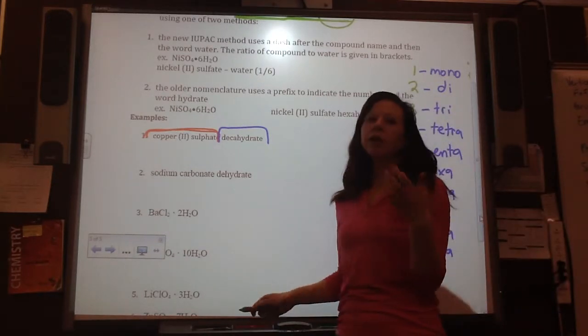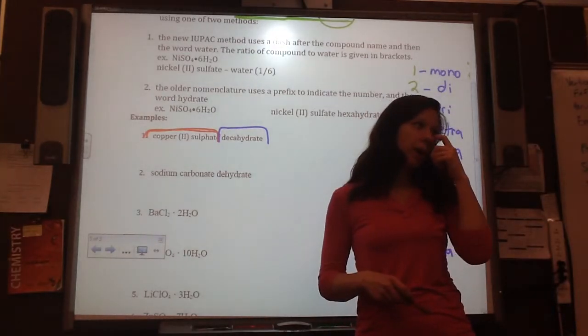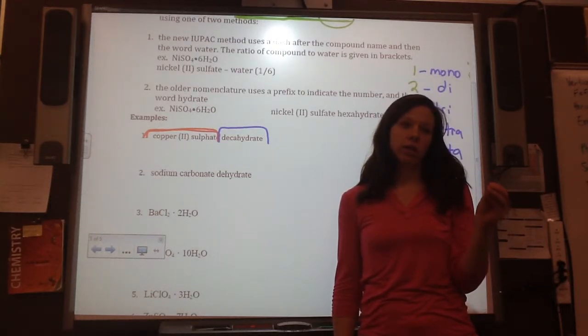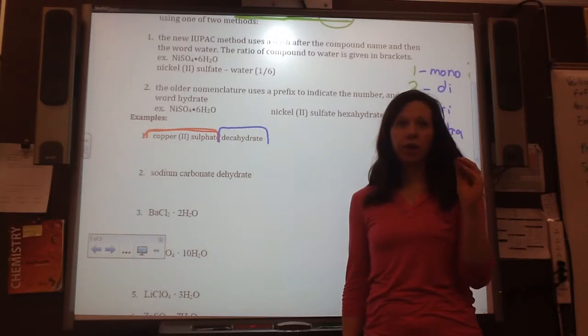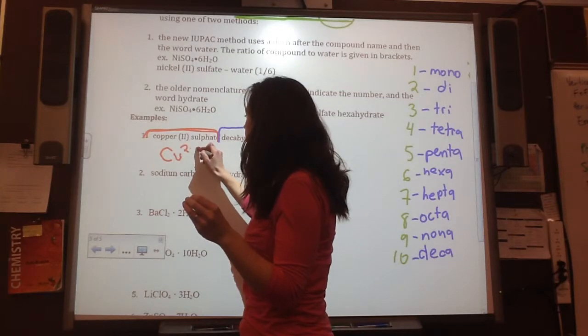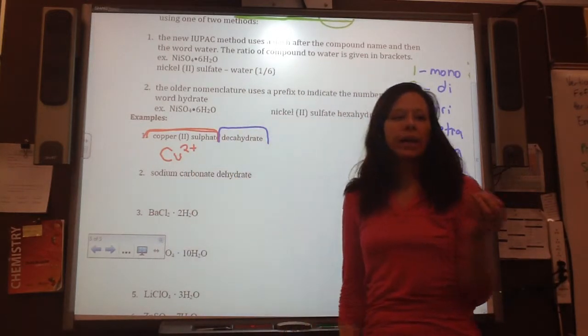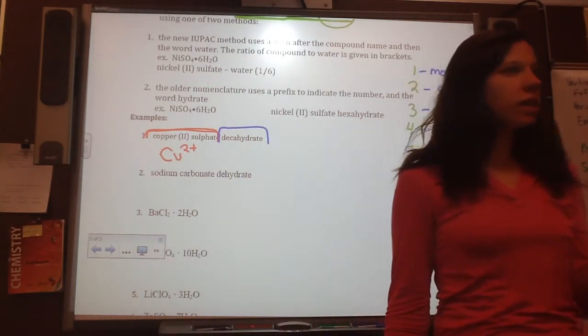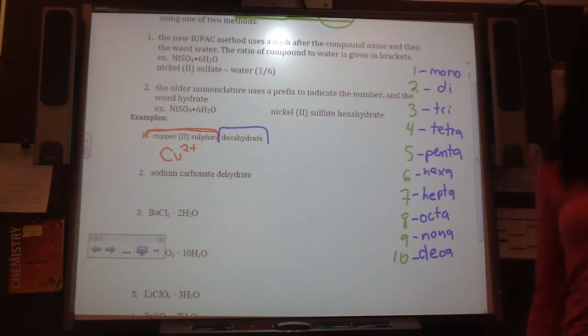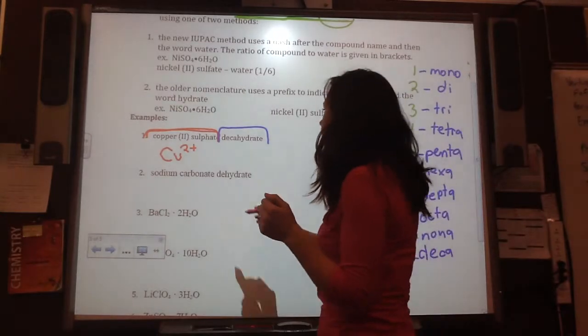Okay, so let's convert this name into a compound. Now, when you're converting, always, always, always write what? Ions. Always write out your ions. So copper 2 is Cu2+. What is sulfate? Where do I find that? The polyatomic ions, yeah, SO4 2-.